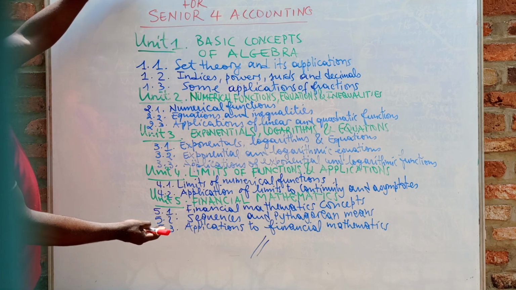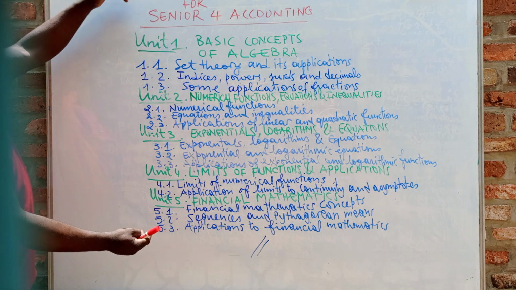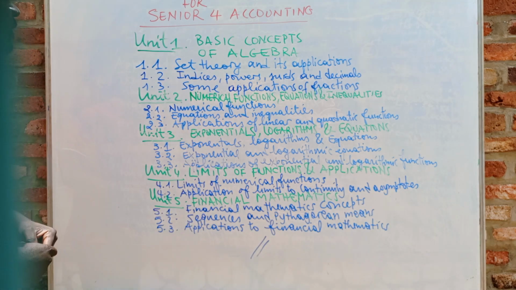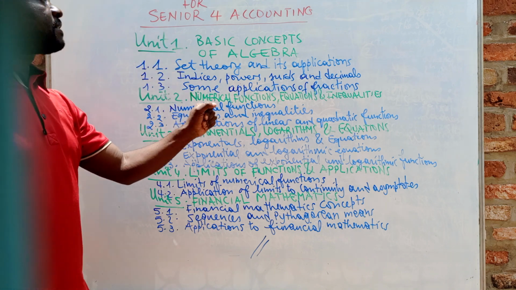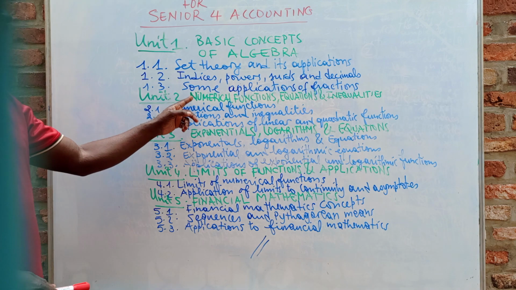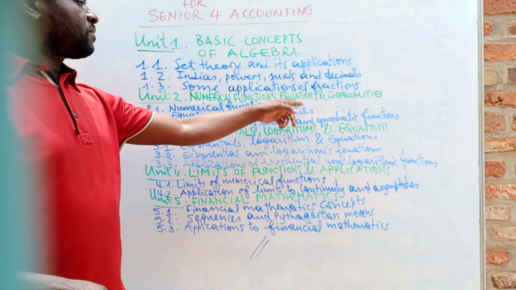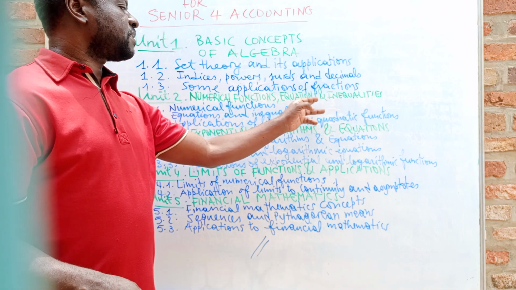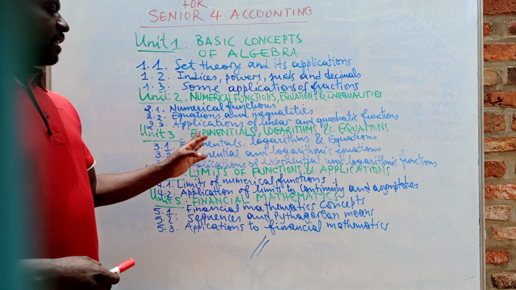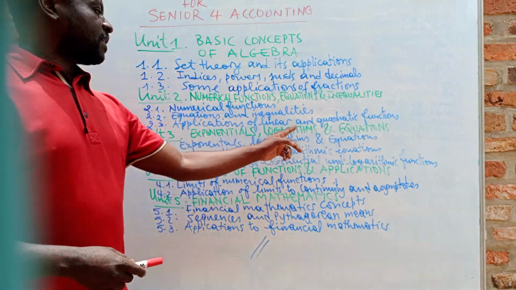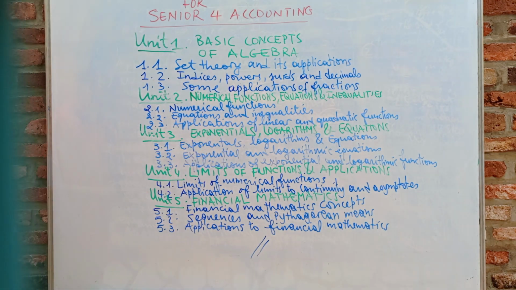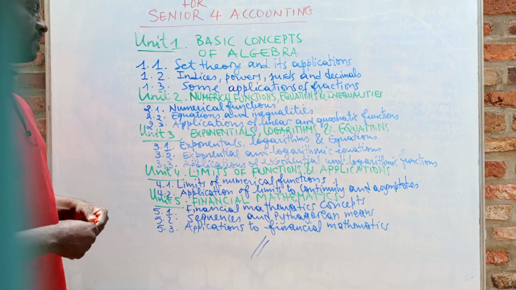So this year we have 5 units, 1, 2, 3, 4, up to 5 units. First unit is basic concepts of algebra. The second, numerical functions, equations and inequalities. Third unit, exponential functions, logarithmic functions, and equations involving exponentials and logarithms.